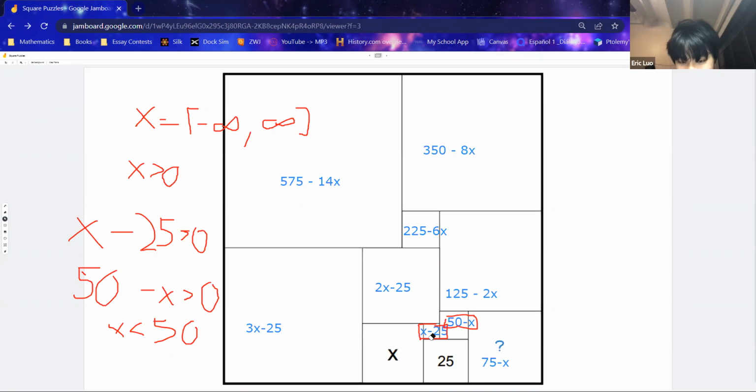Okay, 575 minus 14x. In this case, I think I could do text instead. That would probably be more helpful. 575 minus 14x is greater than 0. So how do you think we can solve this?